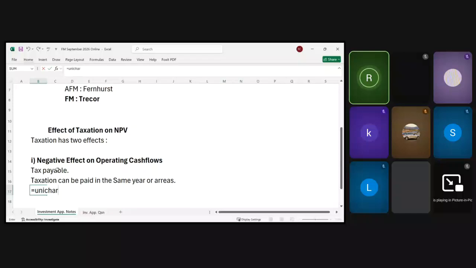If we are doing questions and we are told that taxation is payable in the same year, this means that taxation starts in year one.